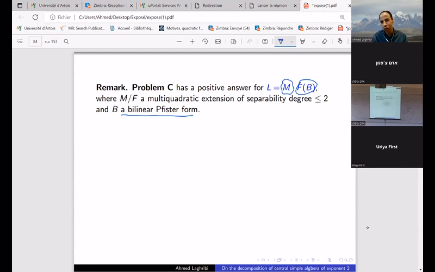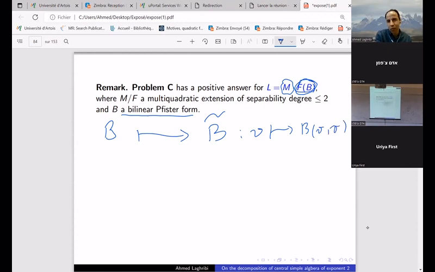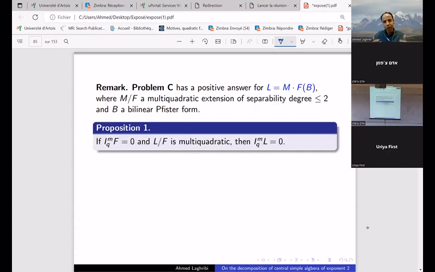Okay, and here I'm talking about B, a bilinear form. What is the function field of a bilinear form? If you have a bilinear form, you take B tilde, this quadratic form defined as follows. And FB by definition is the function field of this quadratic form. Okay, and another result that I would like to mention, but I will not use it directly in my proof, is the following.